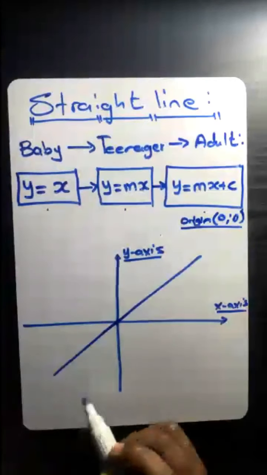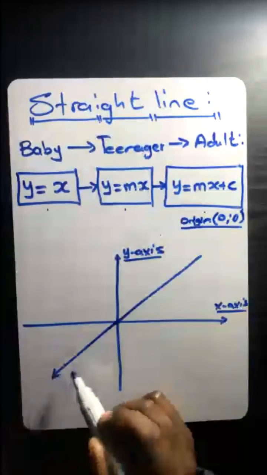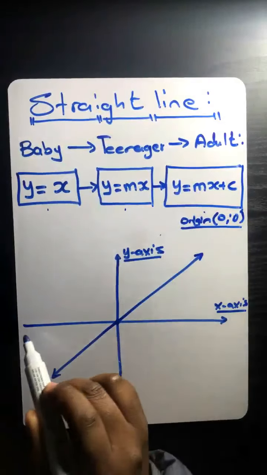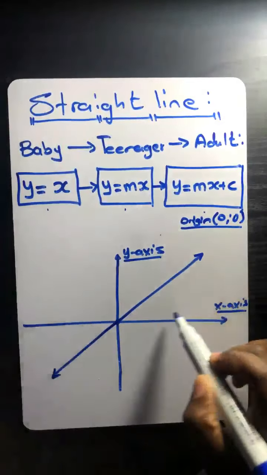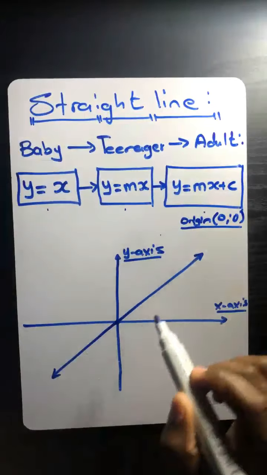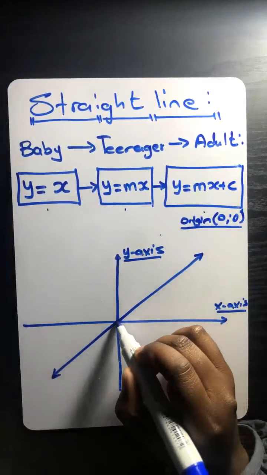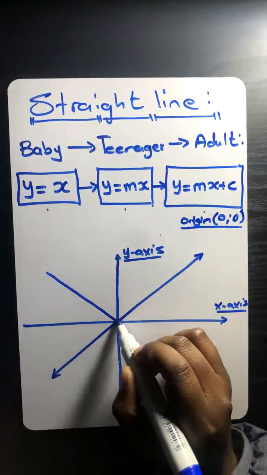So, a straight line could be in that direction where it starts from maybe quadrant number 3 heading towards quadrant number 1, or from quadrant number 1 to quadrant number 3. Good people, we can also have a straight line like that.